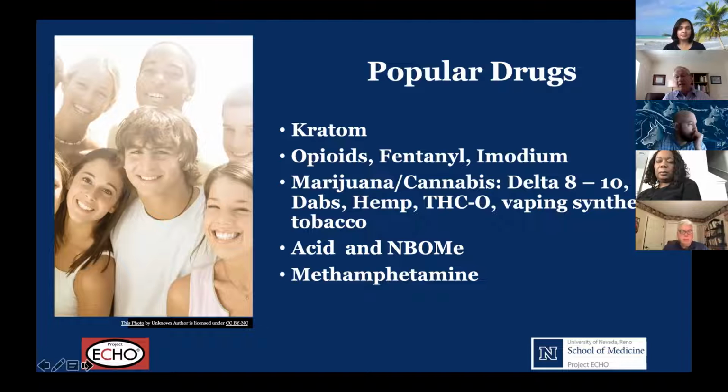Acid: I'm seeing N-Bomb, which is a new acid product that has really diabolical outcomes, and you'll be able to spot that one pretty easily. And then of course, methamphetamine, which is just exploding everywhere. It's cheap, it's really potent, and it's highly addictive.